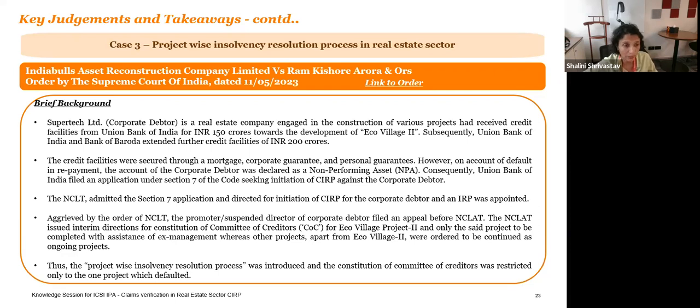However, on account of default in repayment, the account of the corporate debtor was declared as a non-performing asset, and consequently, UBI filed an application under Section 7 of the Code initiating CIRP against the company. The NCLT admitted the Section 7 application and the IRP was appointed.